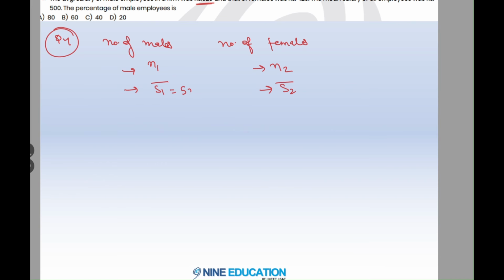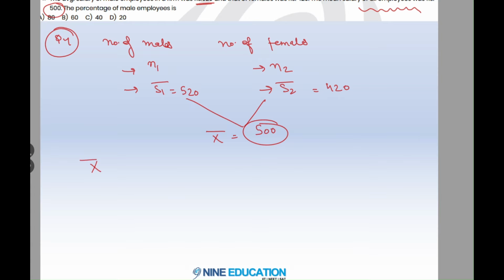S1 bar is given, it's 520, S2 bar is given, it is 420. The mean salary of the total employees is 500. Total employees, if you take together, the total mean is 500. Then find the percentage of male employees. So this is the total mean X bar.